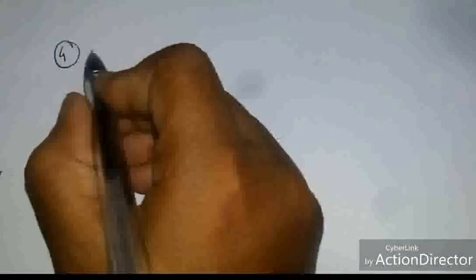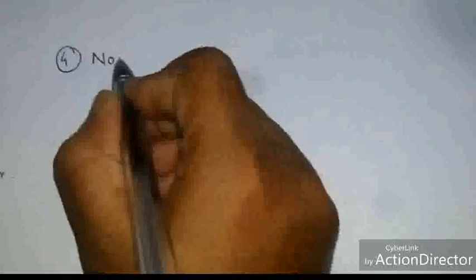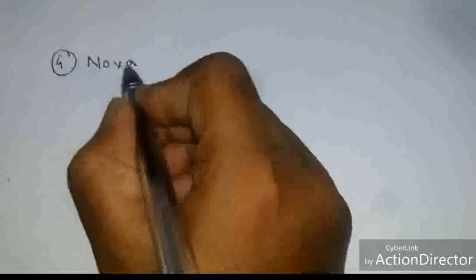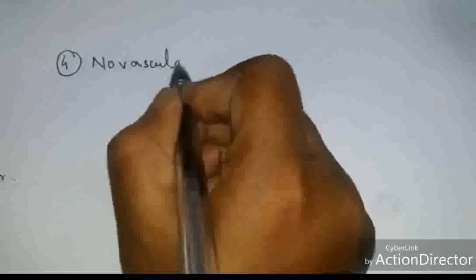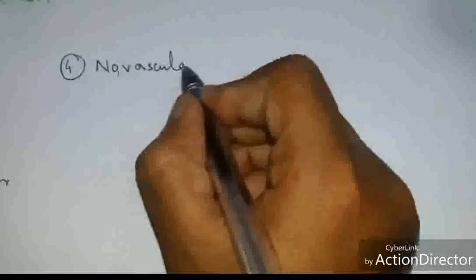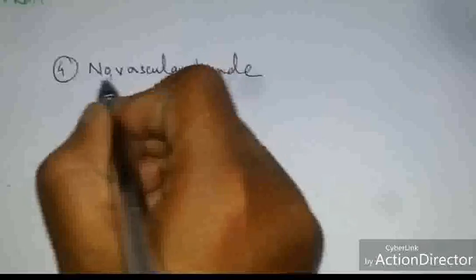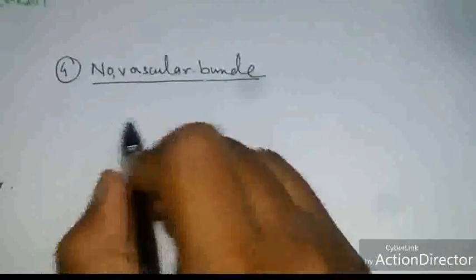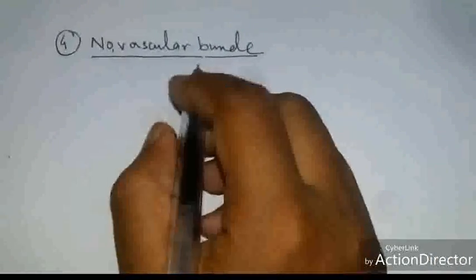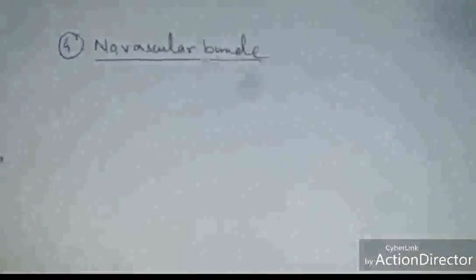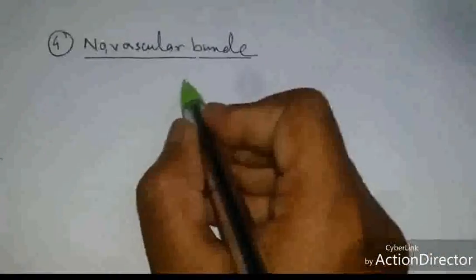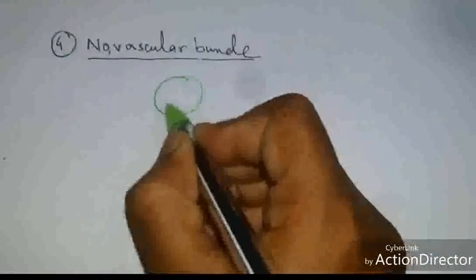Number 4, no vascular bundle. Means for conducting food, vascular bundle is absent because all cells are autotrophs.